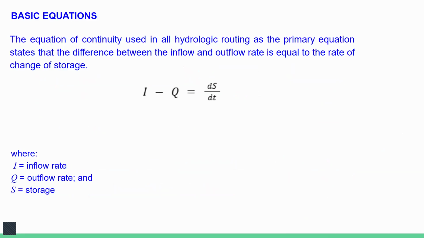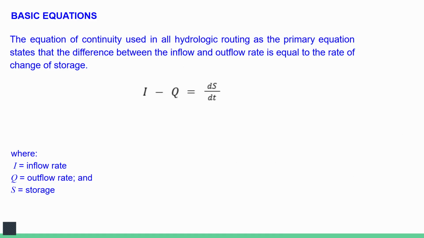So the basic equations of flood routing are the equation of continuity used in hydrologic routing as the primary equation. It states that the difference between the inflow and outflow rate is equal to the rate of change of storage. So this is the equation of continuity.